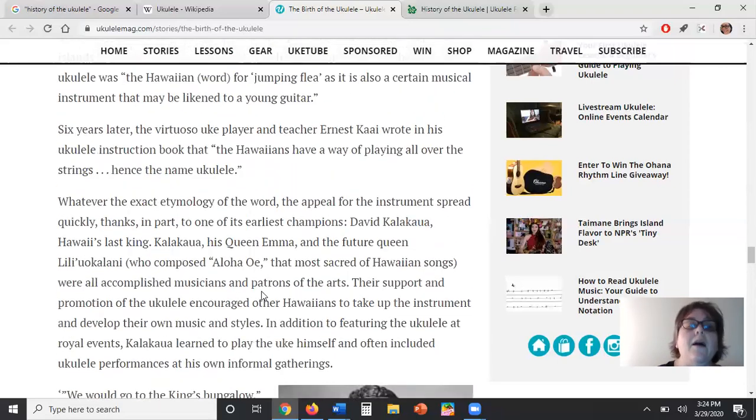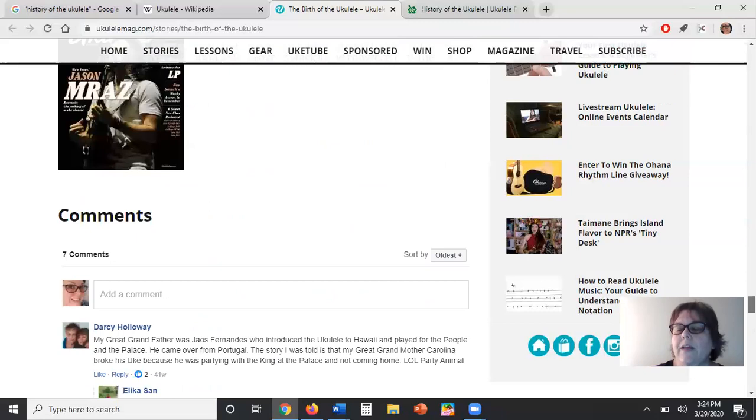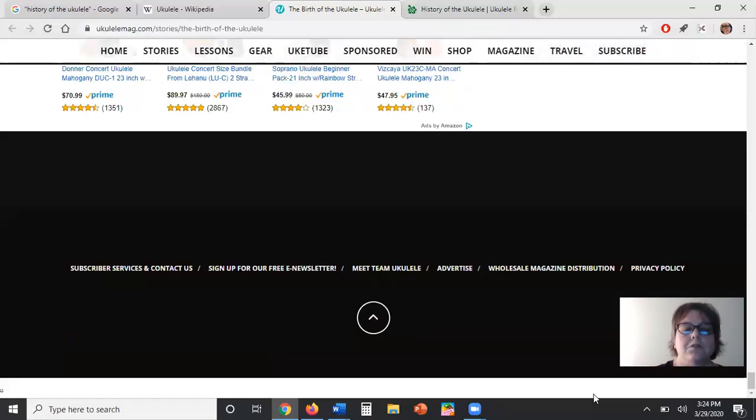It is in a magazine that is devoted to the ukulele, and you can even subscribe to it, right? If I go down to the bottom of this page, it's got subscription services, sign up for free newsletter, Meet Team Ukulele, which will probably tell me more about the people that run the magazine, which is not a bad thing to do. I'm going to click on that.